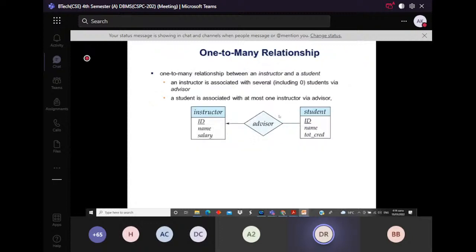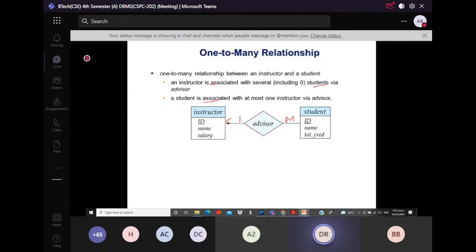For example, you can see here at this side an arrow is there, that is direction is there, then this is one and this is many. What is the meaning of this? One to many. An instructor is associated with several students, but a student is associated with one instructor, right?